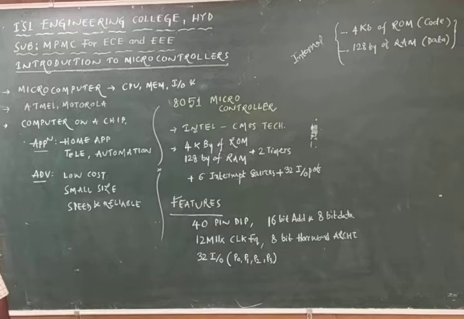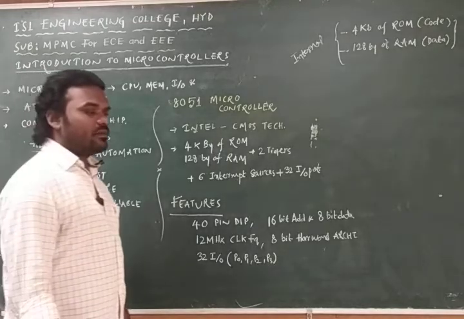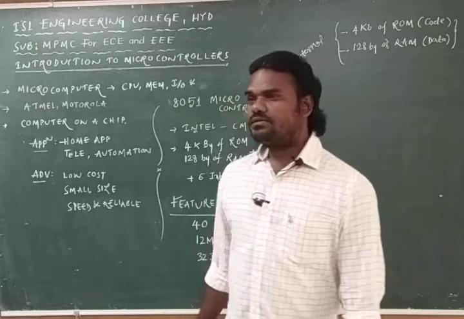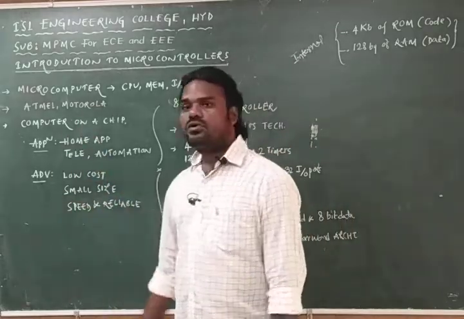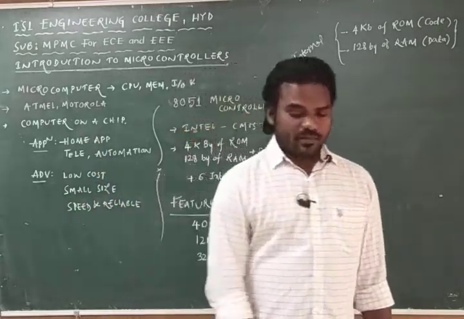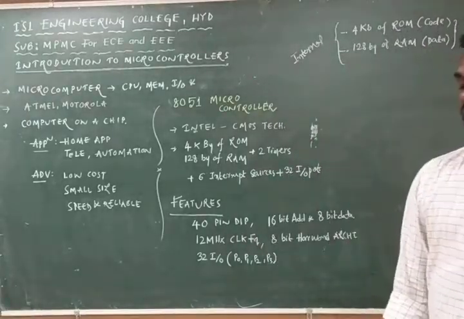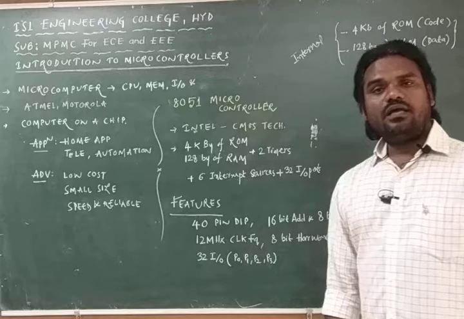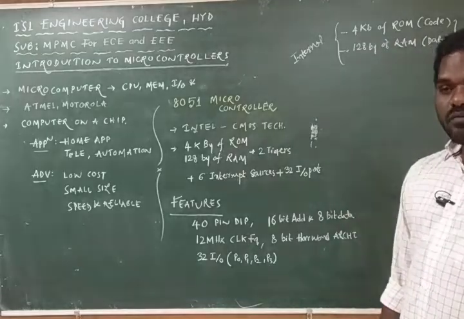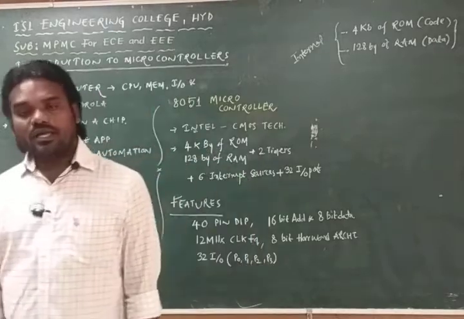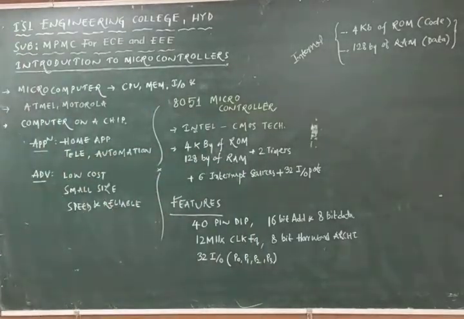The microcontrollers we have nowadays are produced by various companies like Atmel, Motorola and Microchip. All these have been producing microcontrollers, among which the most popular company is Intel Corporation.